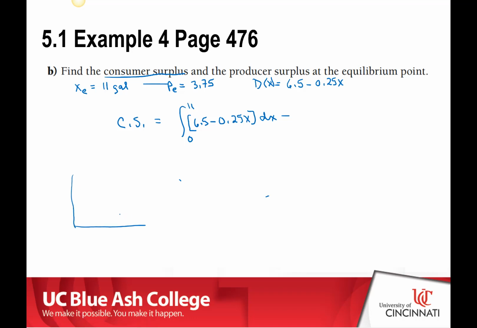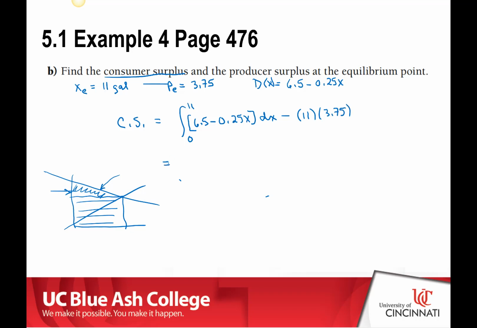Remember, what we want is this top part. This top part comes about by integrating underneath this line and then subtracting everything in this rectangle. That rectangle, as you'll recall from the first movie, is actually the total revenue generated. So we're going to subtract off the equilibrium quantity times the equilibrium price.